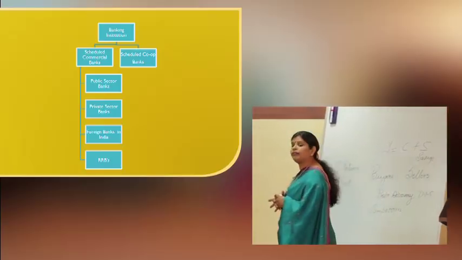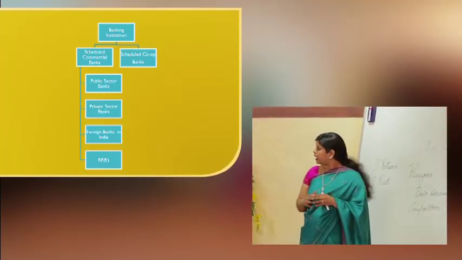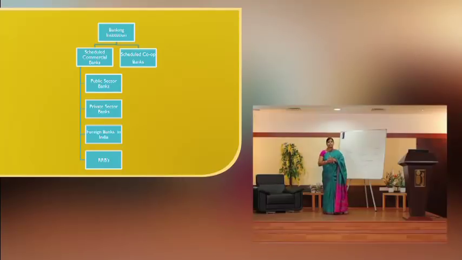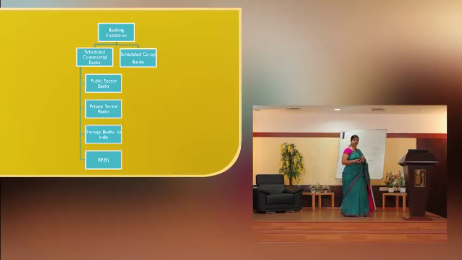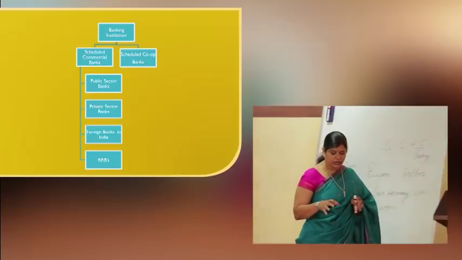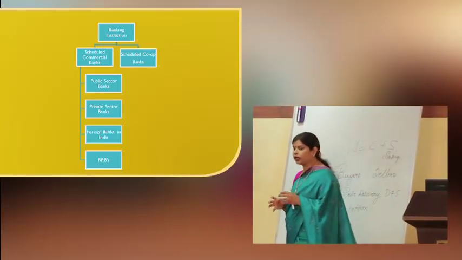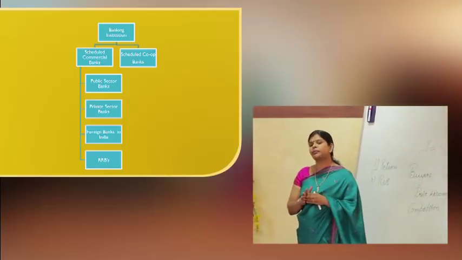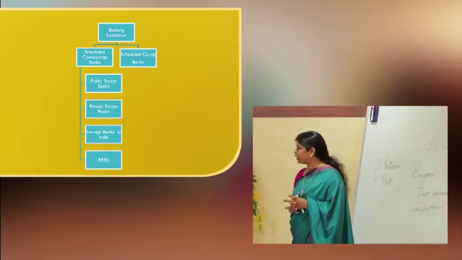And then we have foreign banks like Standard Chartered, Deutsche, and many more in the pipeline who are going to start their business in India. Then we have regional rural banks which function at the rural end. So the scheduled commercial banks are bifurcated into four major categories.